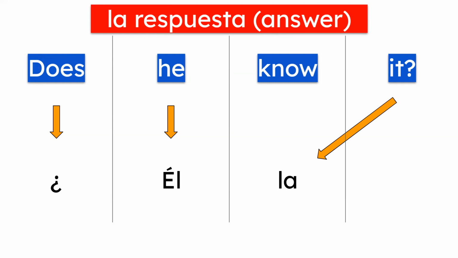Él la, and the verb to know is saber, saber. Conjugated with él would be sabe. Él la sabe. Does he know it? Okay, come on, go ahead. Say it.